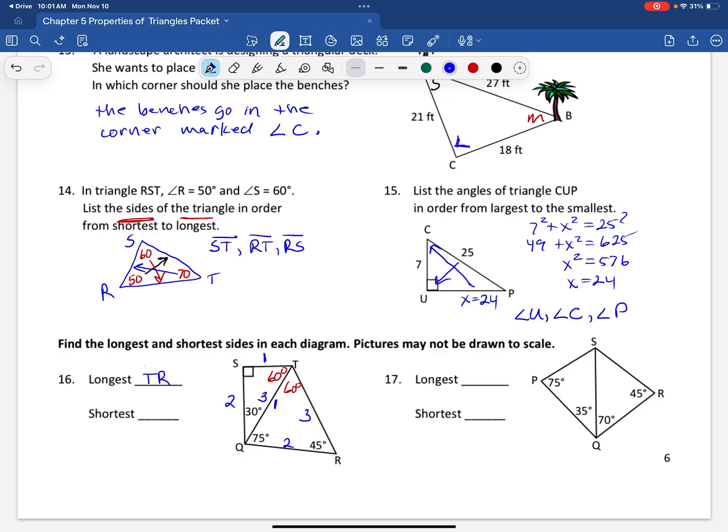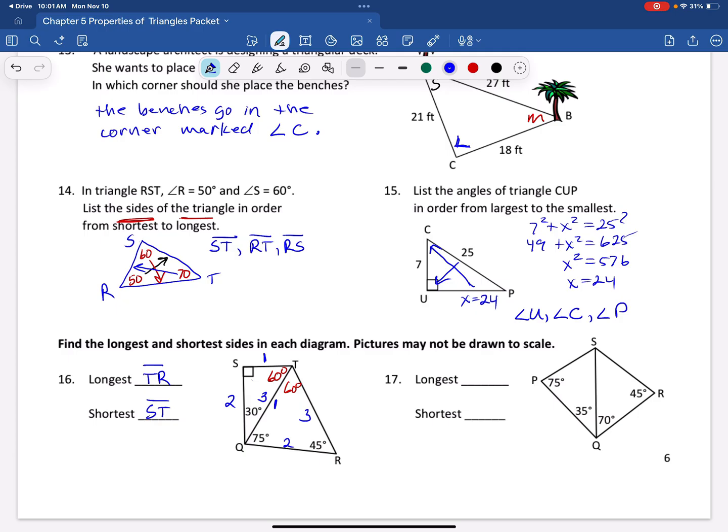And why is that? Well, the longest side of the triangle STQ is the shortest side of TQ in the big triangle. So that must mean that the longest side in TQR is the longest of the two triangles. Then the shortest side is going to be ST because it is the shortest side of the smallest triangle.